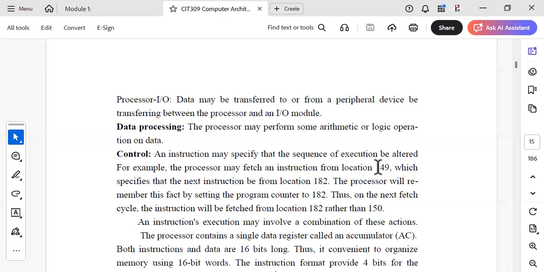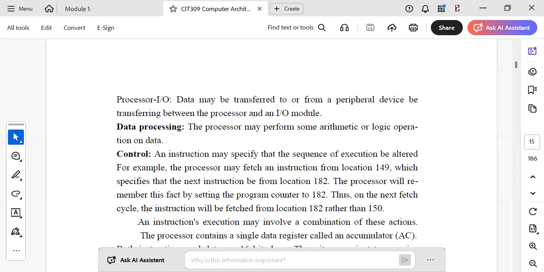The control is what will help the processor understand where the next location is, rather than deciding on its own to go serially. Automatically, it would just think that the next location is 150. But when there is control, the control will set the program counter to the next location that you want to work on. So on the next fetch cycle, the instruction will be fetched from location 182.